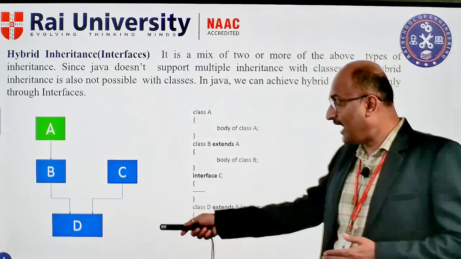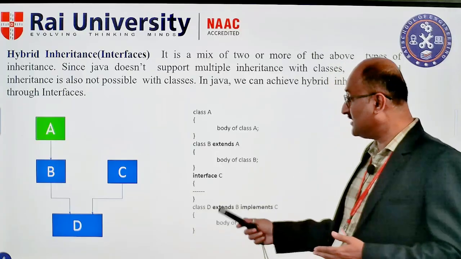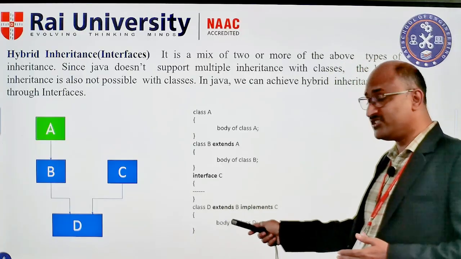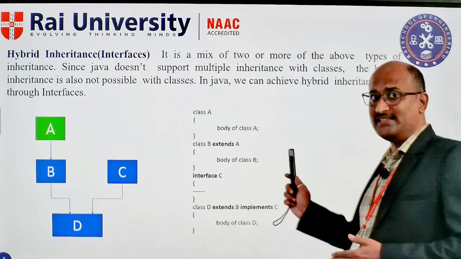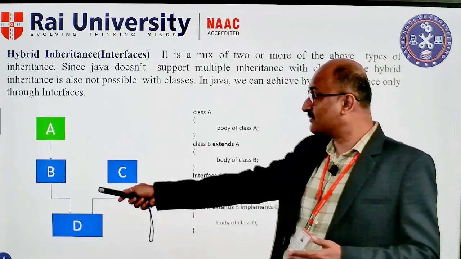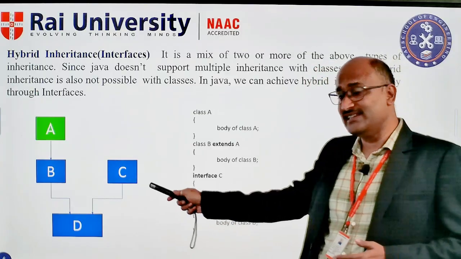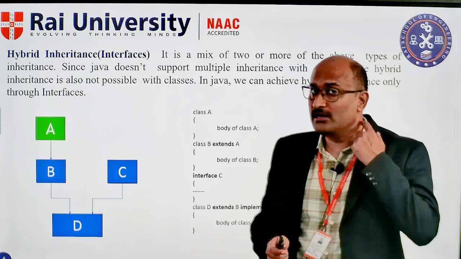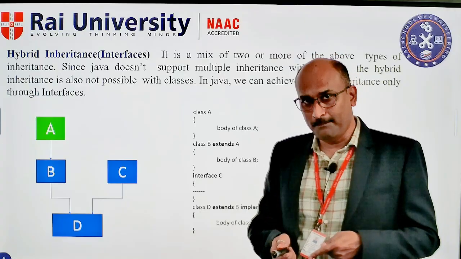Then I am using the final class, that is the child member D that you can see in the figure. The program is class D extends B implements C. So you can see the class B is extended and the interface is implemented here. Both keywords are used to implement multiple inheritance, extends as well as implements.